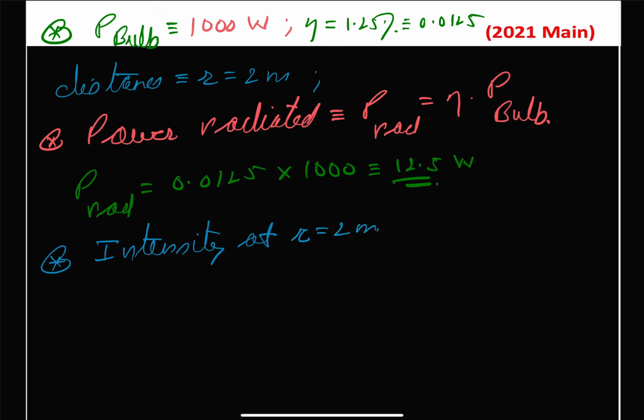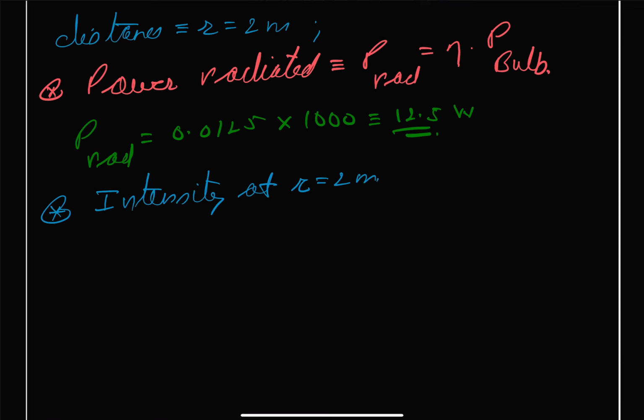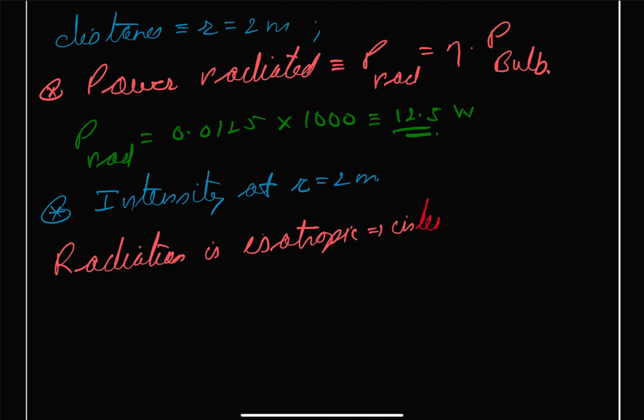So we can say that the radiation is basically isotropic. So we can write the formula. Therefore, intensity, that is our I, will be equal to P radiated divided by 4 pi r square.